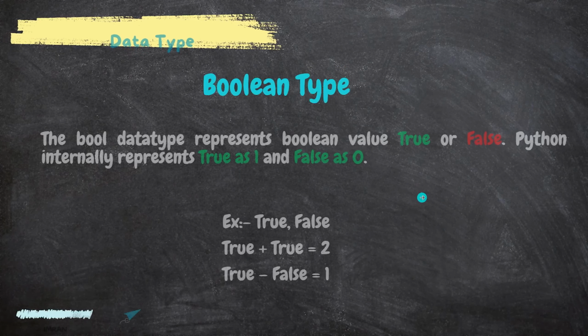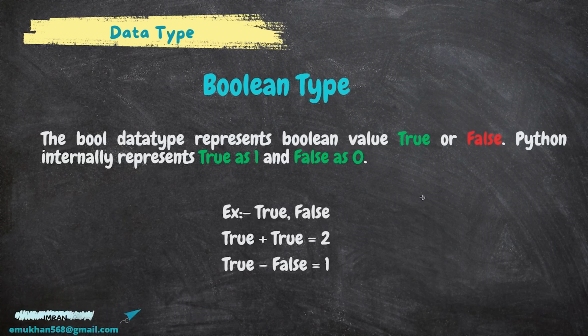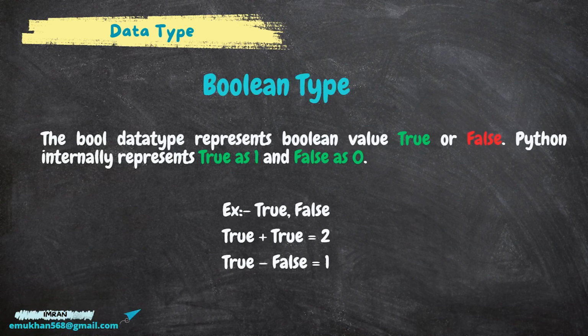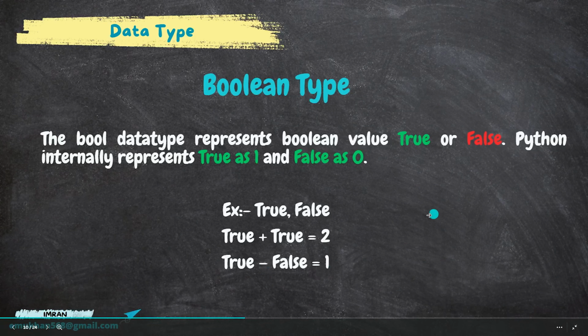Now Boolean types. In Boolean, there are two values: one is true, and another one is false. The bool data type represents bool values like true or false. Python internally represents true as 1 and false as 0. For example, if you have true plus true, you will get 2, and if you have true minus false, you will get 1.